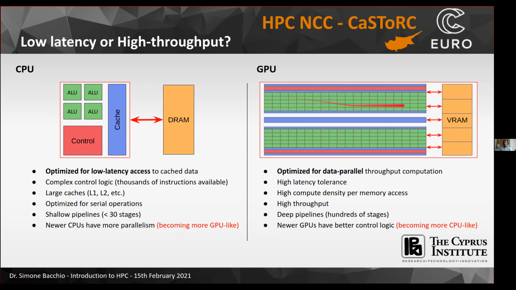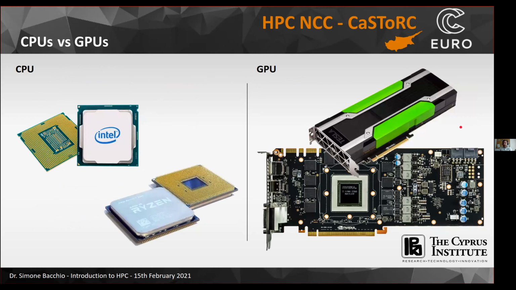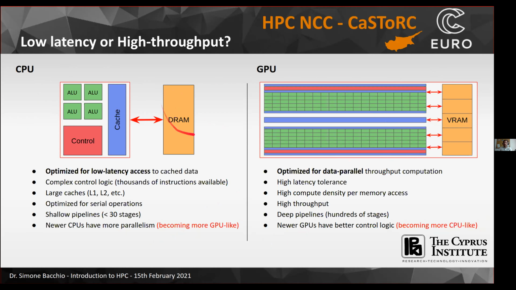On the other hand, we have the GPU. So what does the GPU have? It has a dedicated RAM, which is named video RAM, and you can see it here, these chips, this piece of hardware here. So it has its dedicated RAM where the data are loaded from the DRAM of the system. The CPU itself is the one responsible for sending data from the DRAM to the VRAM.